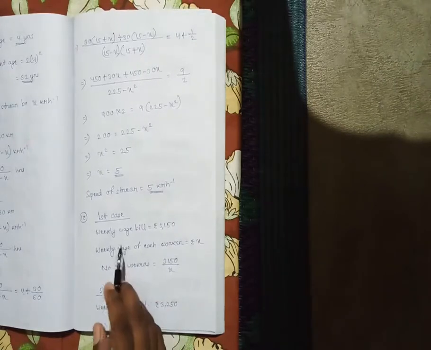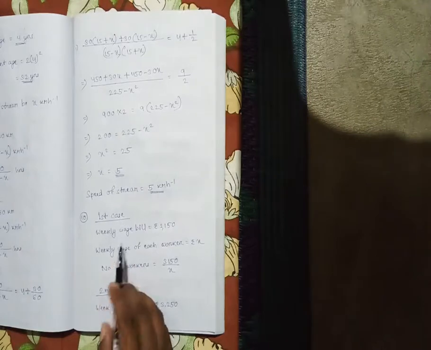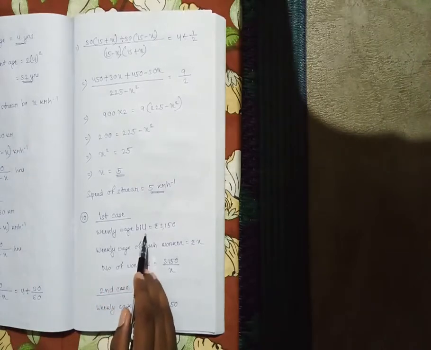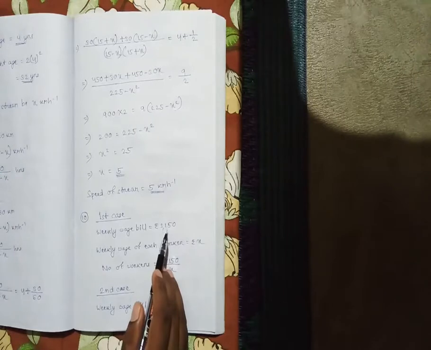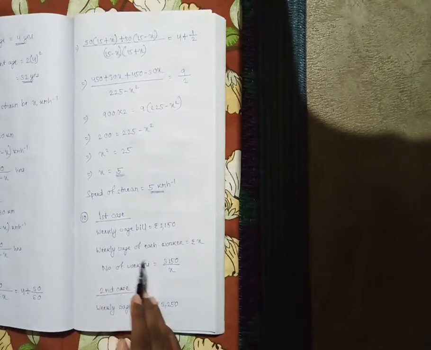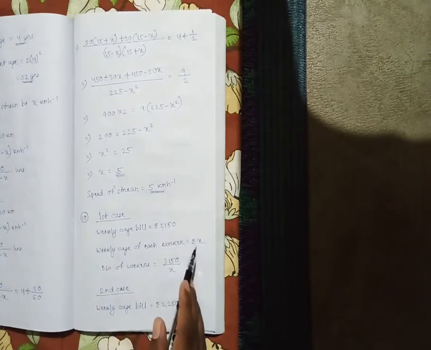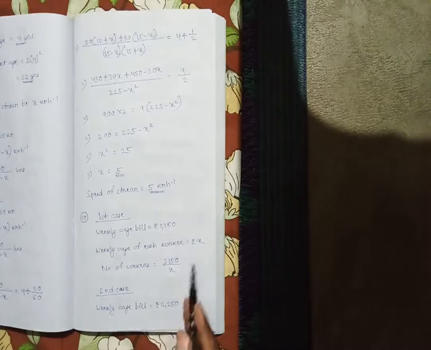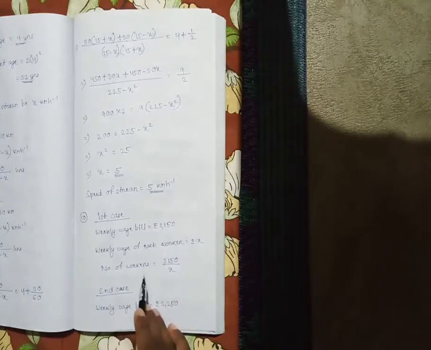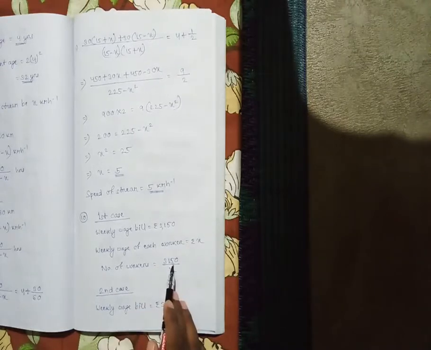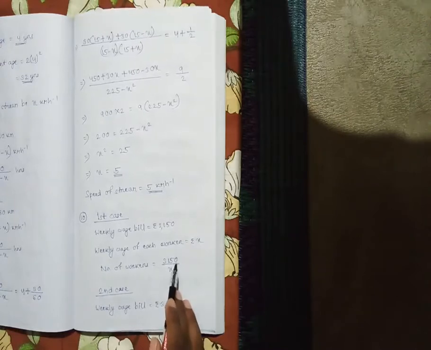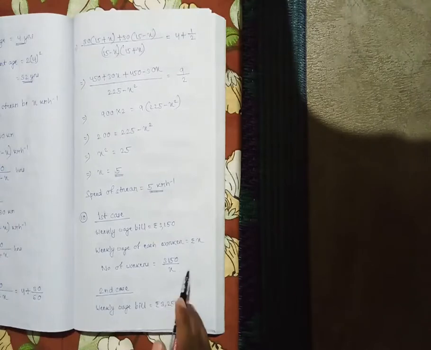There are two cases here. First case, weekly wage bill is equal to rupees 3150, given in the question. Weekly wage of each worker is equal to rupees x, it is also given in the question. We have been asked to take x, we have not taken it from our side. So number of workers will be total weekly wage bill by weekly wage of each worker. So 3150 by x, this is number of workers in first case.